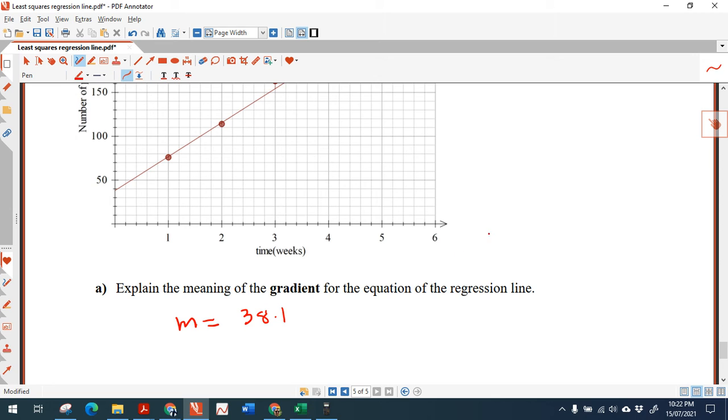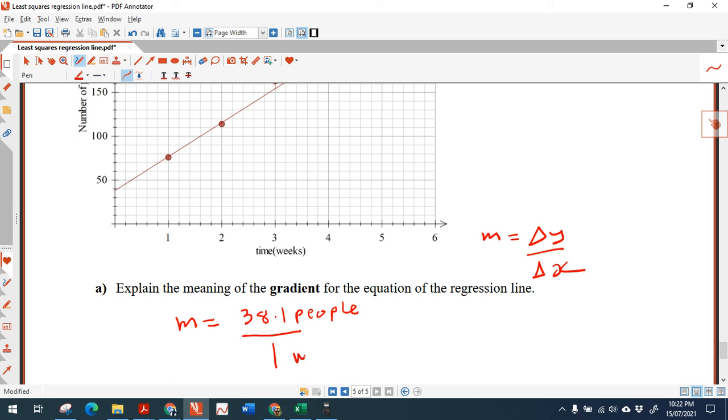Okay, remember that slope is the change in the y values divided by the change in the x values. So we can write this as 38.1 divided by 1 because we want to have y and x. And the y value is the number of people, so 38.1 people, and the x value is weeks, isn't it?